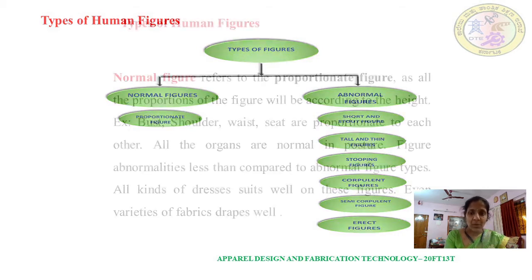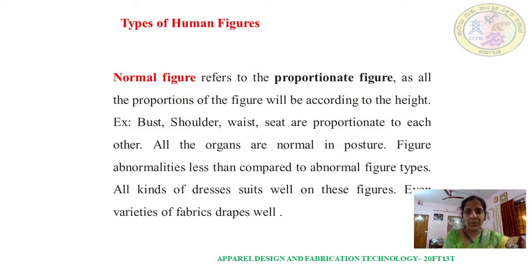Let us see what is normal figure. Normal figure, it refers to the proportionate figure as well. The proportions of the figure will be according to our height or standards.